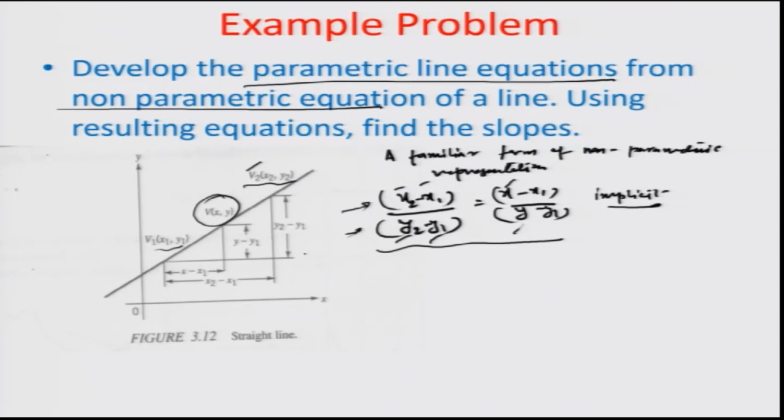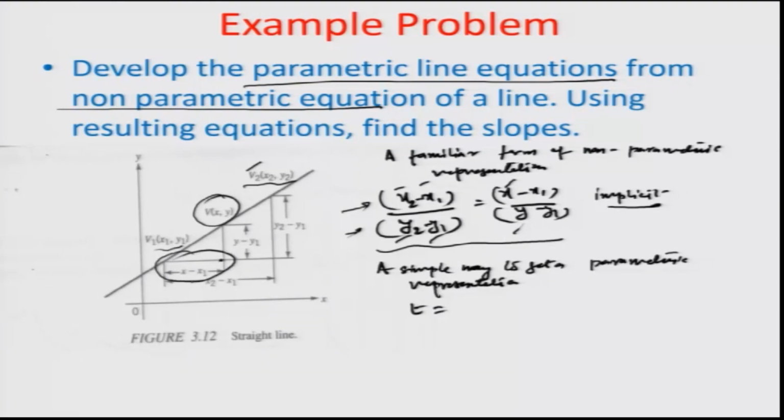So, a simple way to get a parametric representation here may be something like defining a parameter t, which is a fraction of where x and y are placed along the x and y coordinates with respect to the initial point x1 and the final point x2 along the x, and y1 and y2 along the y.